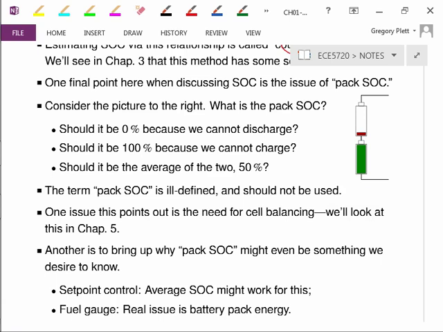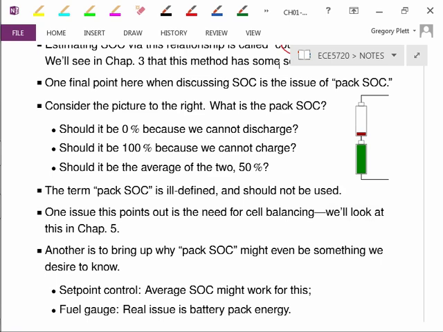People also talk about battery pack state of charge, and this is a really poor definition, a poor way of thinking about this. Here's the reason. We have an electrochemical definition of cell state of charge, so we have a physical understanding.